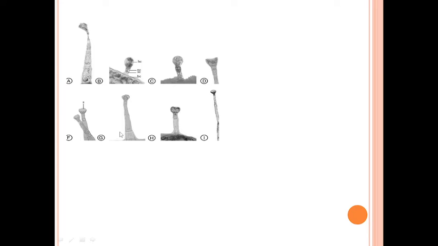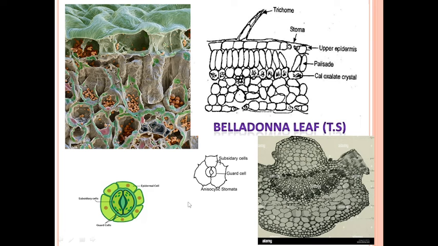So such trichomes are found in the belladonna leaf: uniseriate, in a single line or single series, multicellular with 2 to 4 cells, and the head is glandular, which may be unicellular or multicellular.